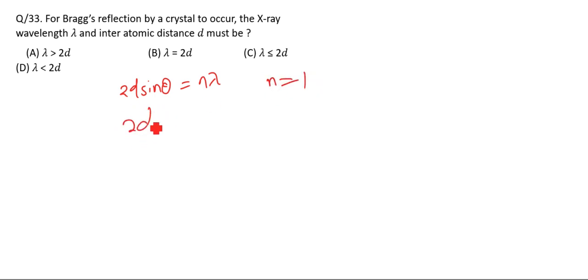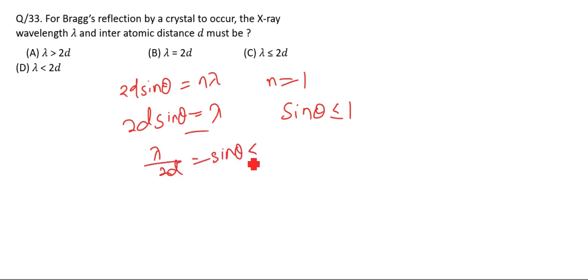We find 2d sine theta equal to lambda. Definitely the value of sine theta is always less than or equal to 1. So lambda by 2d equals sine theta, which is less than or equal to 1. So lambda is less than or equal to 2d. So this is option number C.